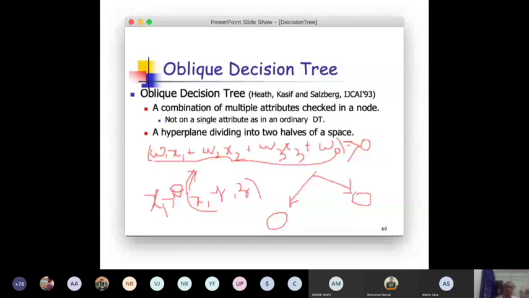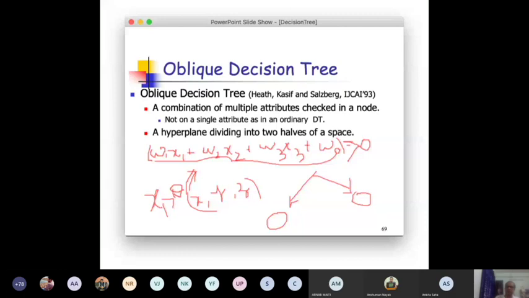So in the normal case, you have axis parallel hyperplanes in the usual decision tree, but in an oblique decision tree, you can have hyperplanes in any direction. And since this direction is not always parallel, it is also not always orthogonal to a particular principal plane, or parallel to any axis. That's why we name it an oblique decision tree.